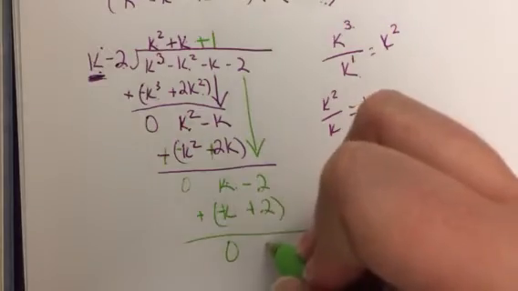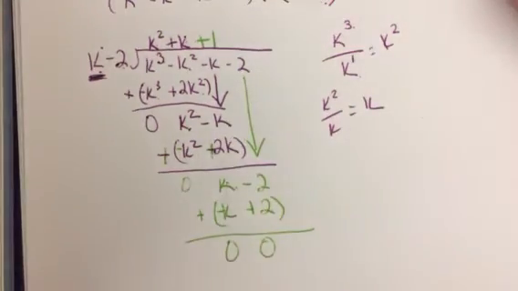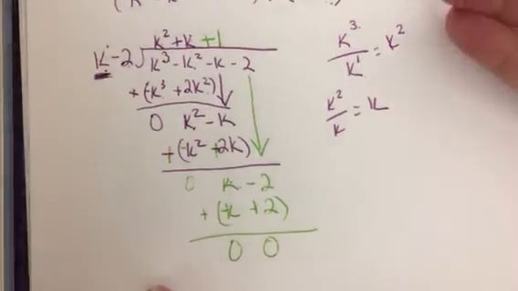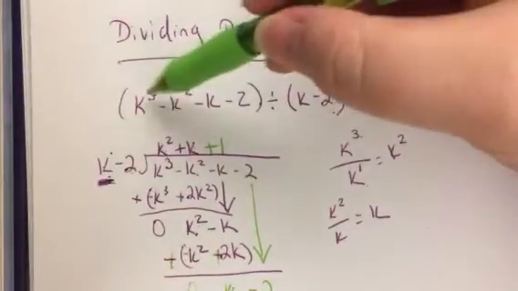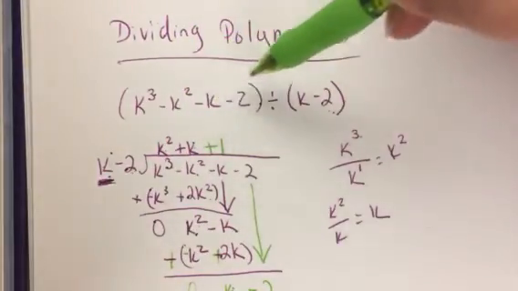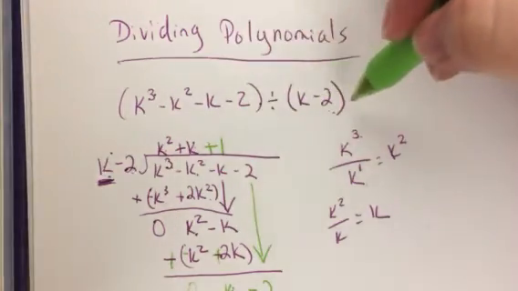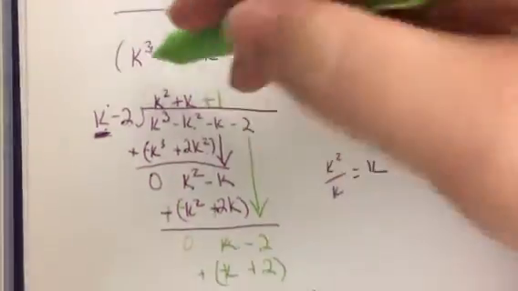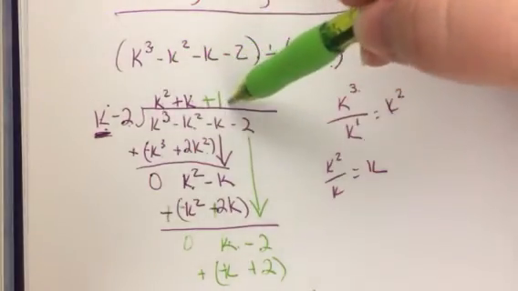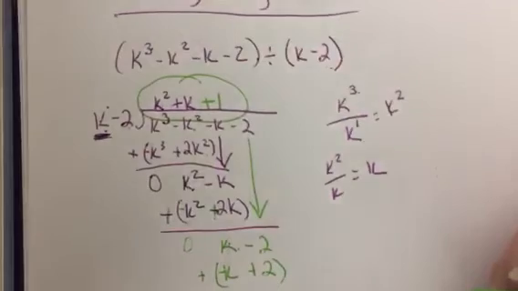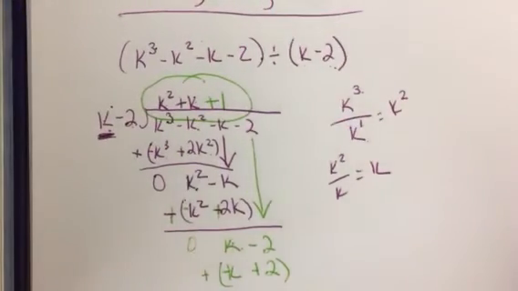Negative 2 plus 2 is 0. So we don't have a remainder. So the solution to k to the third minus k squared minus k minus 2, there's a lot of k's there, divided by k minus 2 leaves us with k squared plus k plus 1. So this is our solution. Yay! That wasn't too bad, was it?